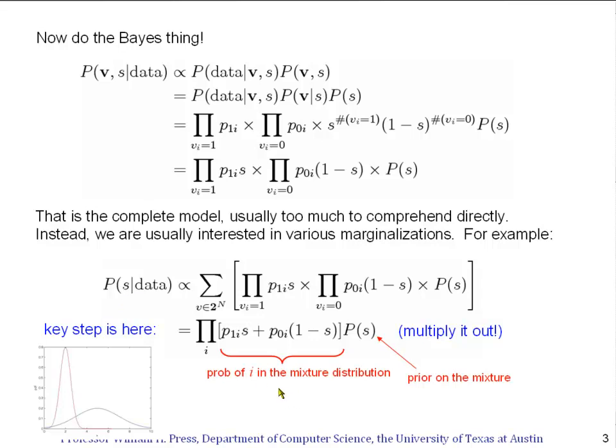And you see it has a simple interpretation. This is the probability of event I, not in either distribution 1 or distribution 2, but in a weighted average of the two distributions, simply weighted by the mixture parameter, the fraction of events in each distribution. And then you have to multiply that by the prior on what that mixture parameter is.